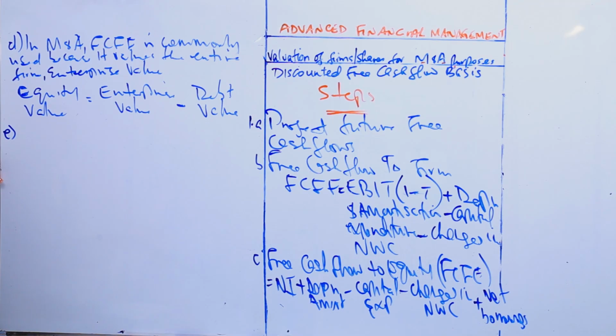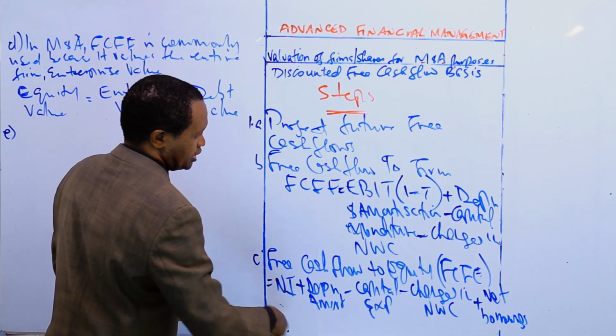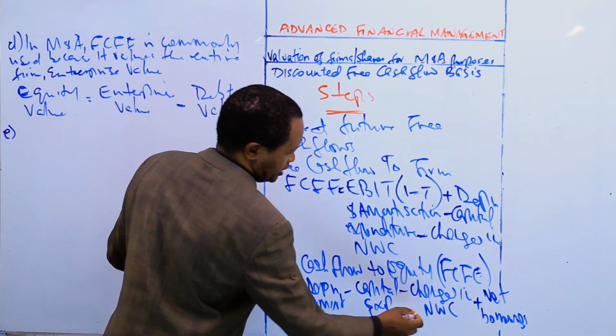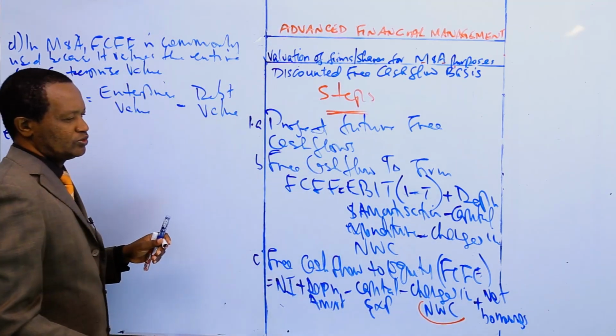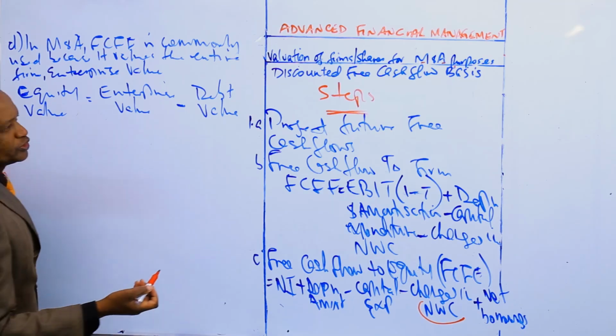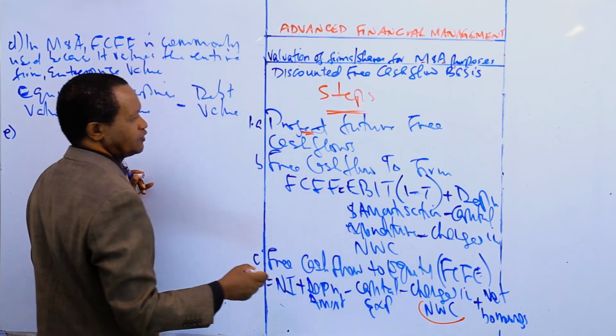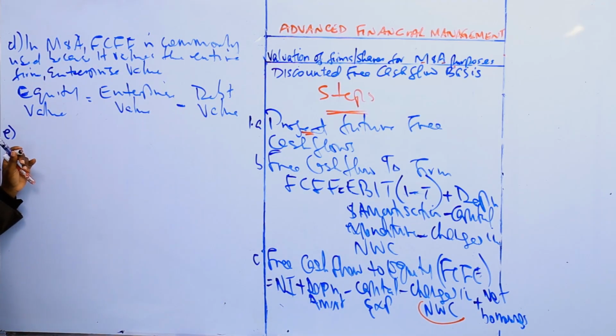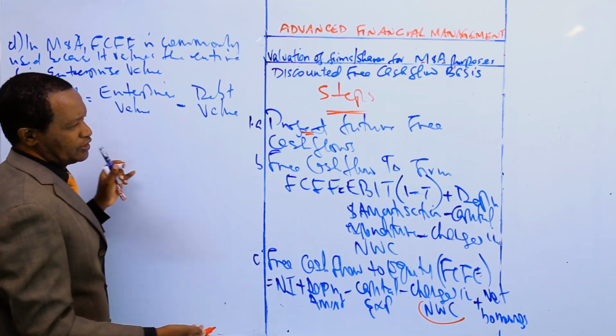The projections in the discounted free cash flows basis require detailed assumptions about revenue growth, profit margins, capital expenditures, the working capital needs, including the tax rates.